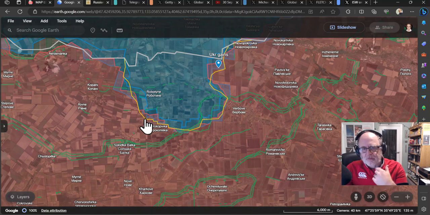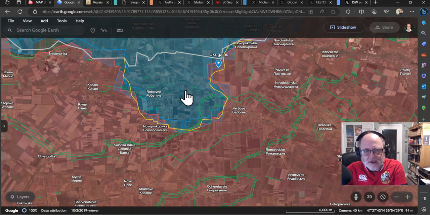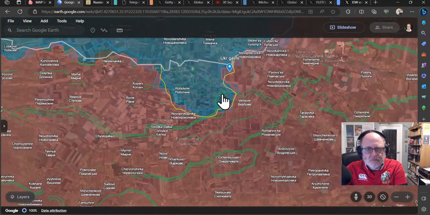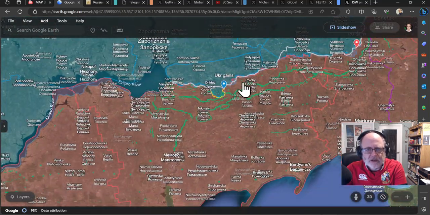You need to overwhelm them with huge amounts of mass here, and that's not going to happen. So as a result, the trench lines plus mines plus lots of people equals very difficult for the Ukrainians to overcome, because they have to do that by hand, basically, by boots on the ground in these trench lines, and that is very costly in terms of casualties and their own personnel.